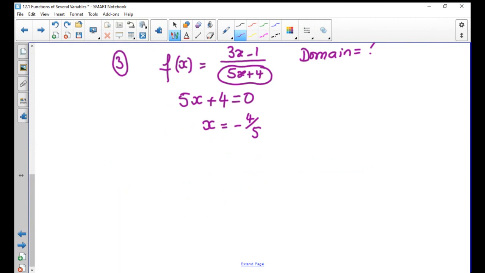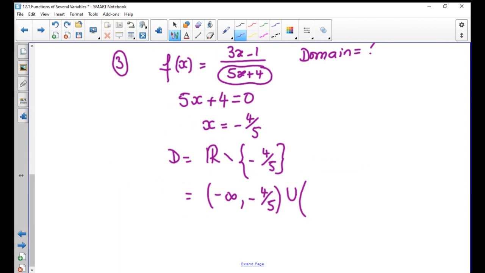Everything except minus 4 over 5. So you could write this as the whole real numbers except minus 4 over 5, or you could write it as minus infinity to minus 4 over 5 union minus 4 over 5 up to infinity.